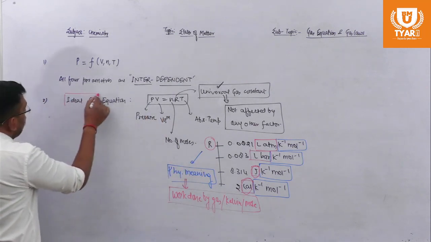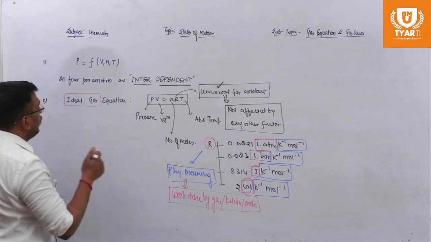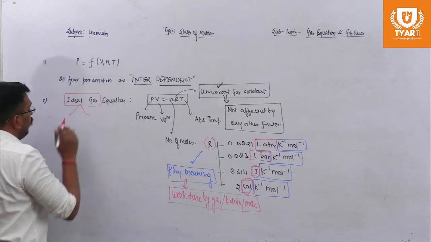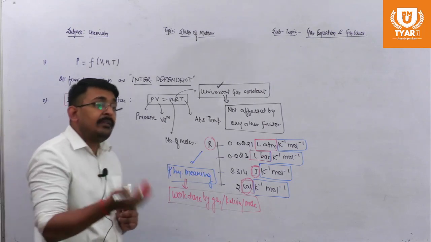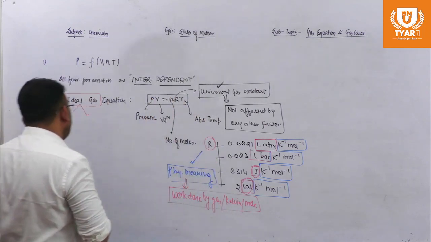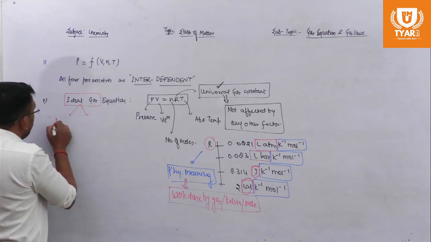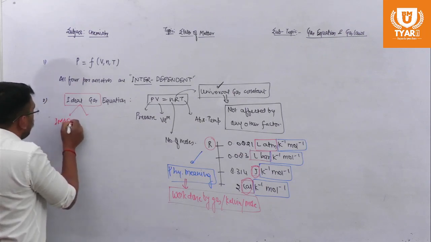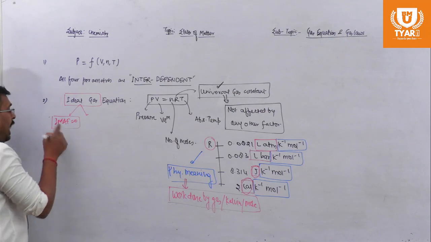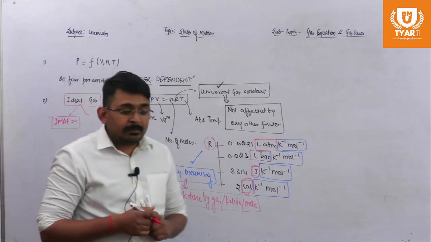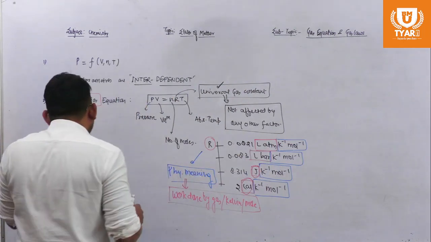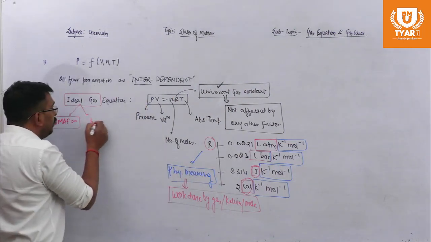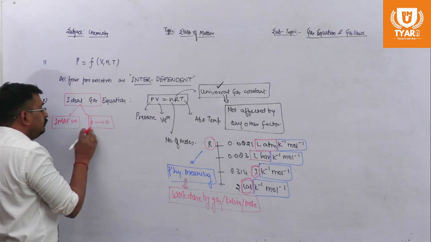If we are dealing with an ideal gas, we must not forget two things. Any gas will behave like an ideal gas if the intermolecular attraction forces are zero. And this intermolecular attraction force can be zero if the gaseous particles are far apart, and they will be far apart only when the pressure tends to zero.